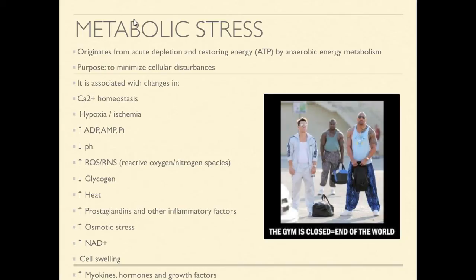We generally see an increase in ADP, AMP, and inorganic phosphate; pH goes down, glycogen goes down, heat goes up, and we get an increase in osmotic stress, cell swelling, and an increase in myokines, hormones, and growth factors. So it's a pretty complex process. It's not just lactate.